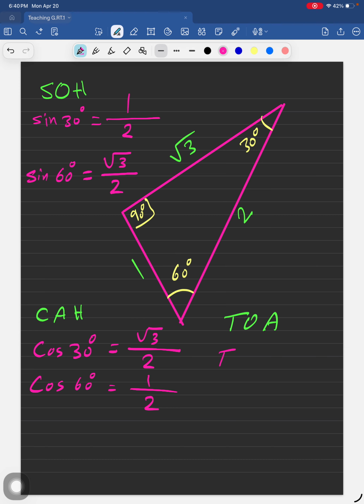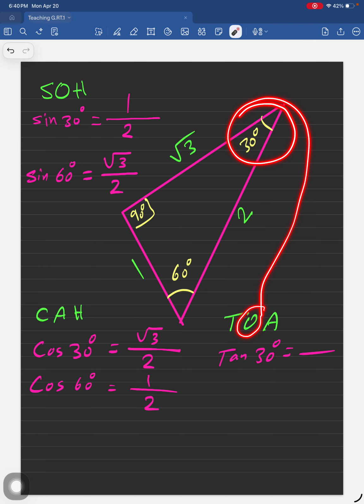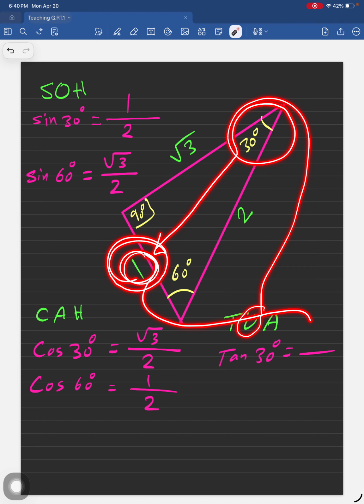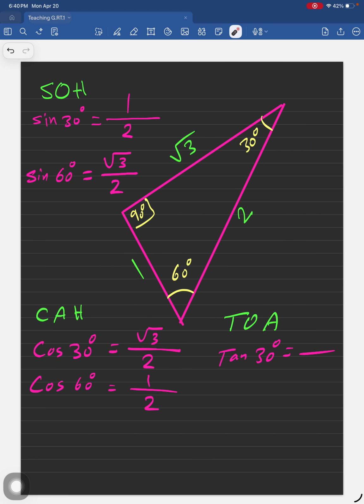So now tangent of 30 degrees equals, we use the same strategy. Here is the O, so here is the 30, and the opposite of the 30 is 1. So we take the 1 and write it here in the numerator, as the opposite of 30. Then we take the A, which is adjacent for the 30.